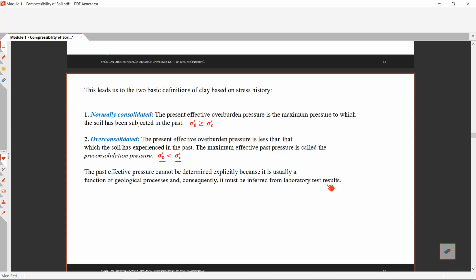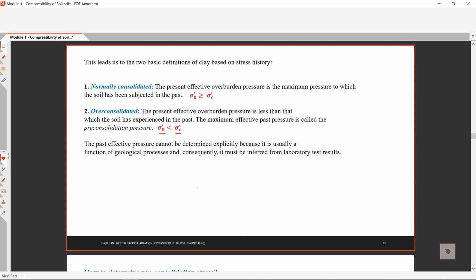So maybe you wonder, paano ba makokompute yung pre-consolidation pressure kung wala naman kaming history ng pre-consolidation pressure sa isang lugar? Wala namang nag-conduct ng geotechnical report dito. Paano ba hahanapin yung pre-consolidation pressure na yun?